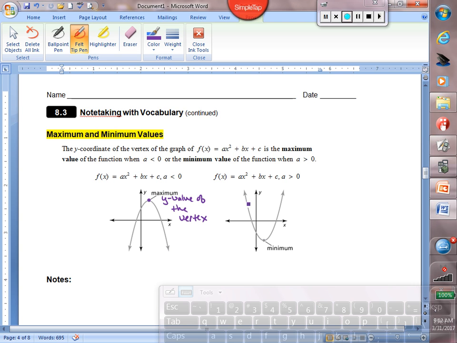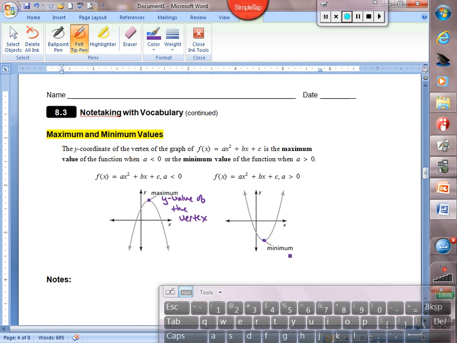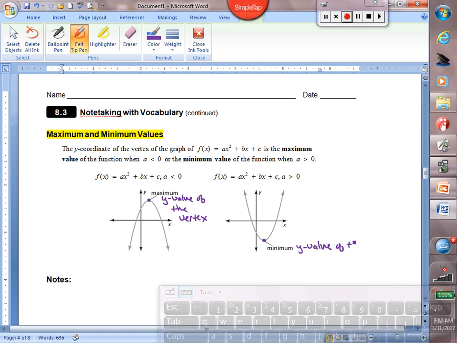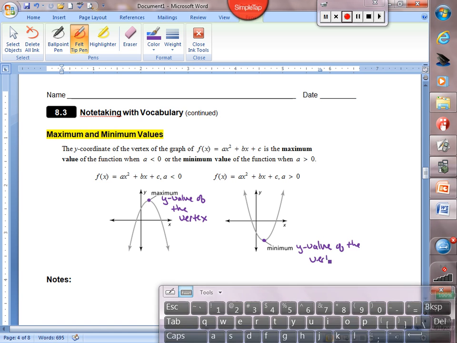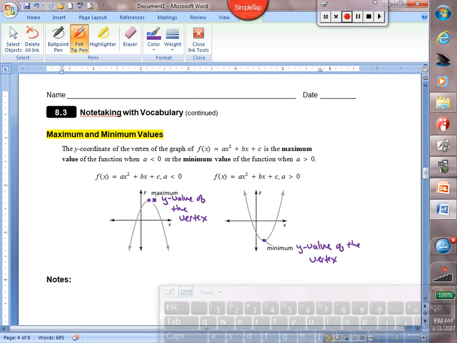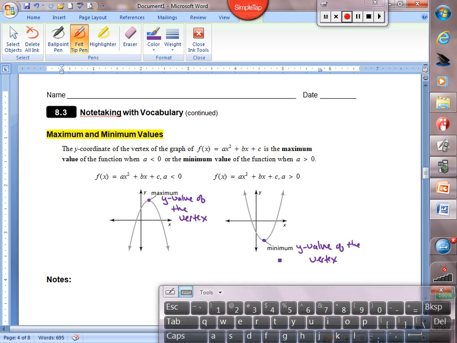Now when our graph opens up, the vertex is our lowest point, so it's considered a minimum. But again, if we're asked for the minimum, we just want the y value of the vertex. I also want to take this opportunity to refresh you on how you will know if the graph will open down, which would mean a maximum, or if it opens up, which would mean a minimum.